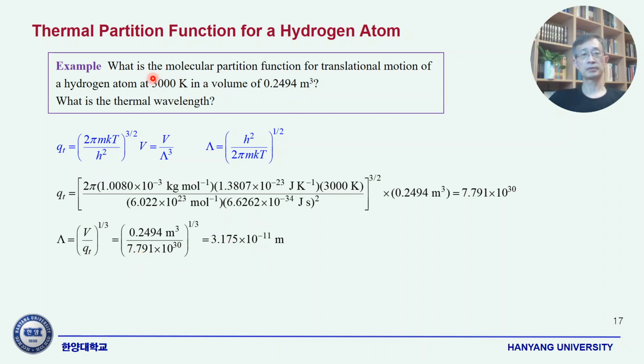So at 3000 K, the wavelength of a hydrogen atom is this amount of meters. You recall that 10 to the minus 10th power of a meter is 1 angstrom. So this is about 0.3 angstrom. And the hydrogen atomic size is about an angstrom, so the thermal wave is about 1/3 of its size, just like that.